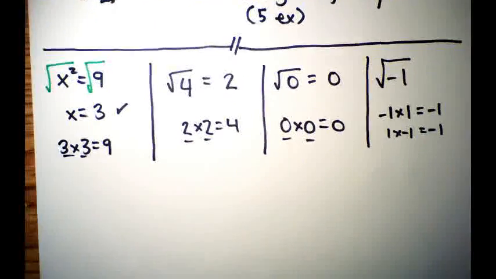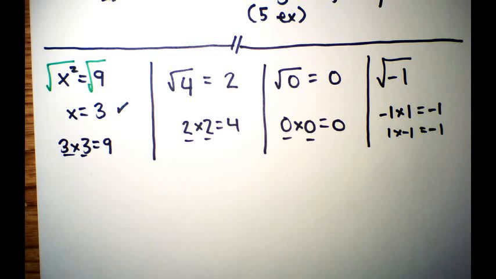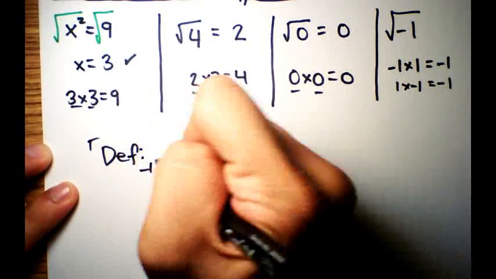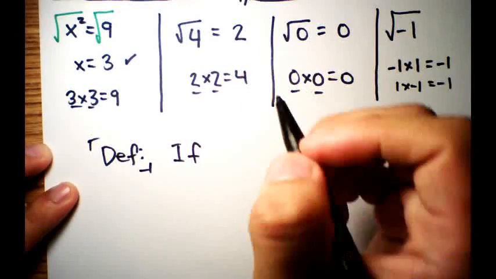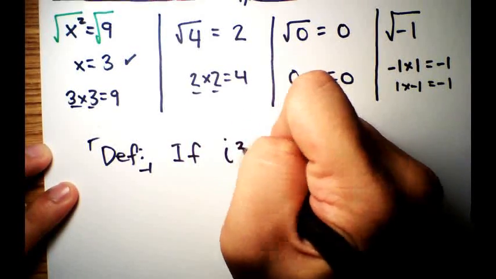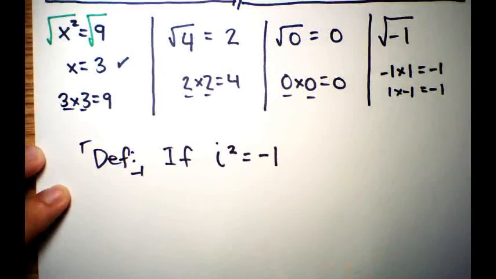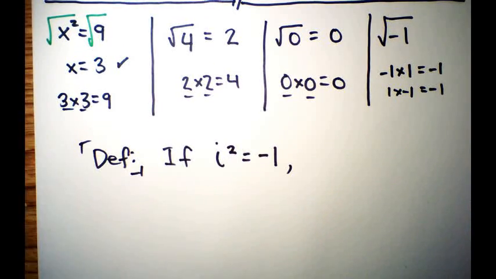So with this dilemma, what we're going to do is fix this by doing a definition of imaginary numbers. So here's your definition. If i squared is equal to negative 1, then to get rid of that square, we square root both sides.